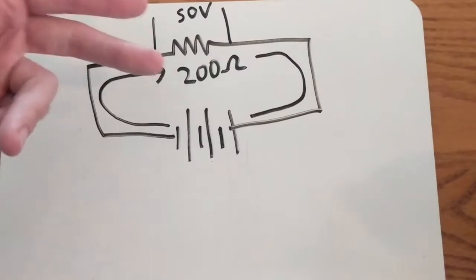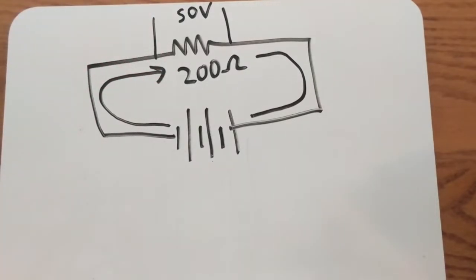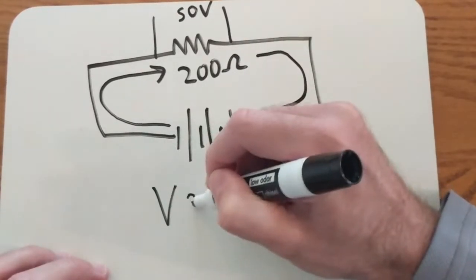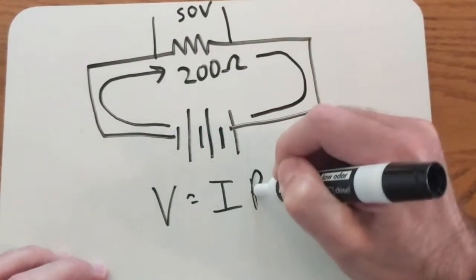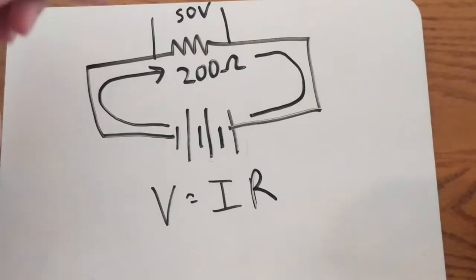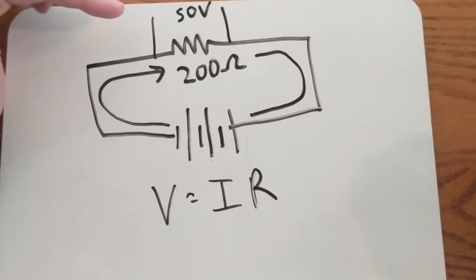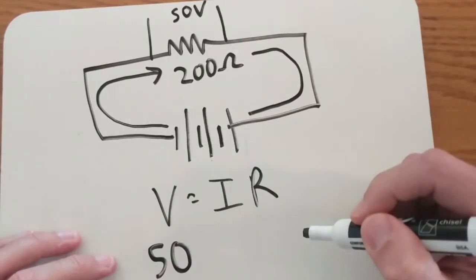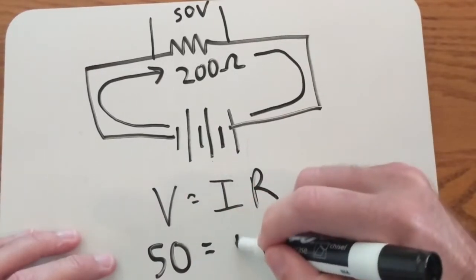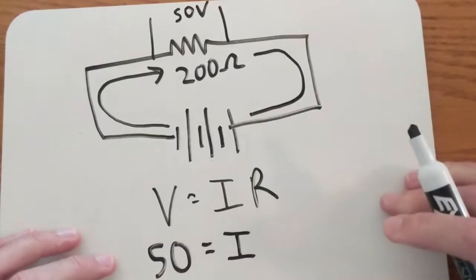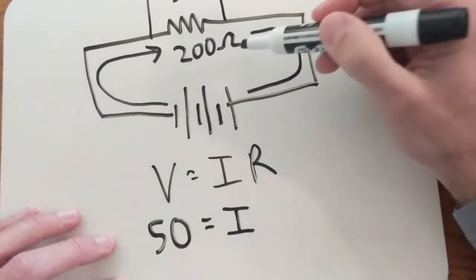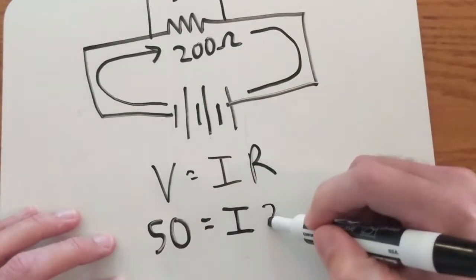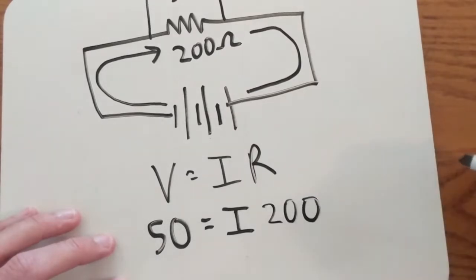So our main equation still is Ohm's law, which is V = IR. Our voltmeter gives us the V in V = IR. So we have 50 volts, and we're looking for current, which is I. And we know that the resistance is 200 ohms.